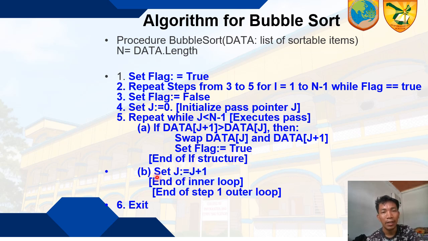Then we now set j with j plus 1 until we reach the end of the inner loop, and ending the step 1 outer loop. It only exits the entire for loop for the bubble sort algorithm once the expression for I is greater than the value of n minus 1, referring to the size of the array.